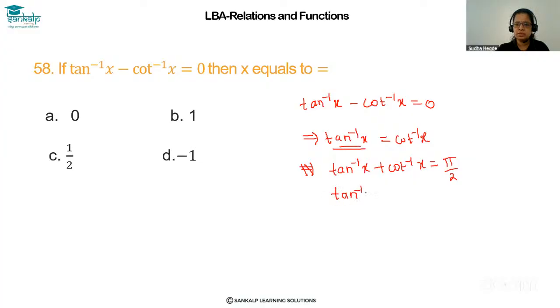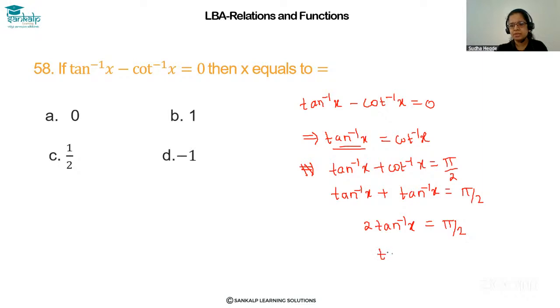Tan inverse x plus tan inverse x is equal to pi by 2. So 2 times tan inverse x is equal to pi by 2. Correct?